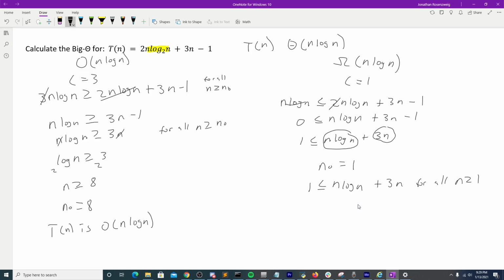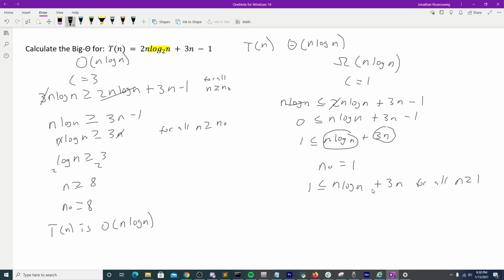And if you want to simplify this further to prove it, you can do what I was doing in the other two examples, where since n log n is a function that's always greater than or equal to 0, if 3n is greater than or equal to 1, then 3n plus n log n will therefore be greater than or equal to 1.